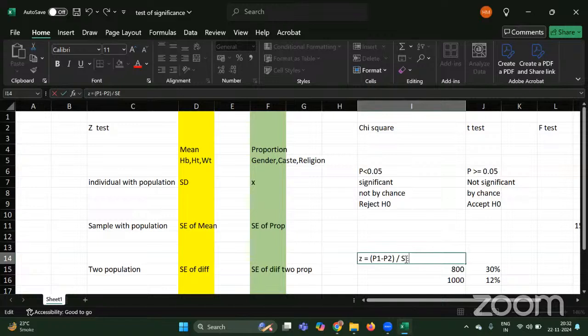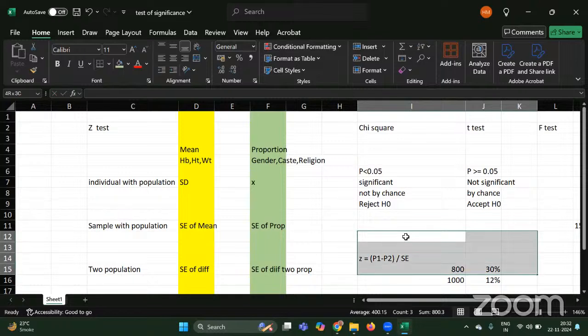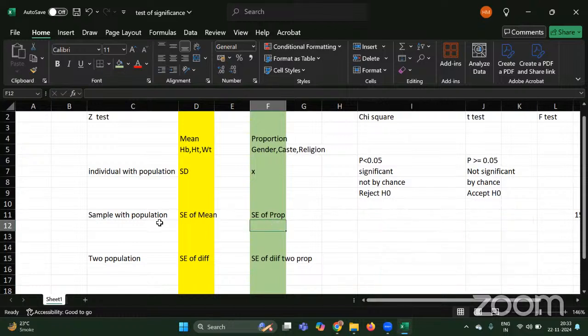This is how we have five kinds of tests and five kinds of examples we have taken. But there are other situations where we need to use other tests also. So we have talked about five types of z-test.